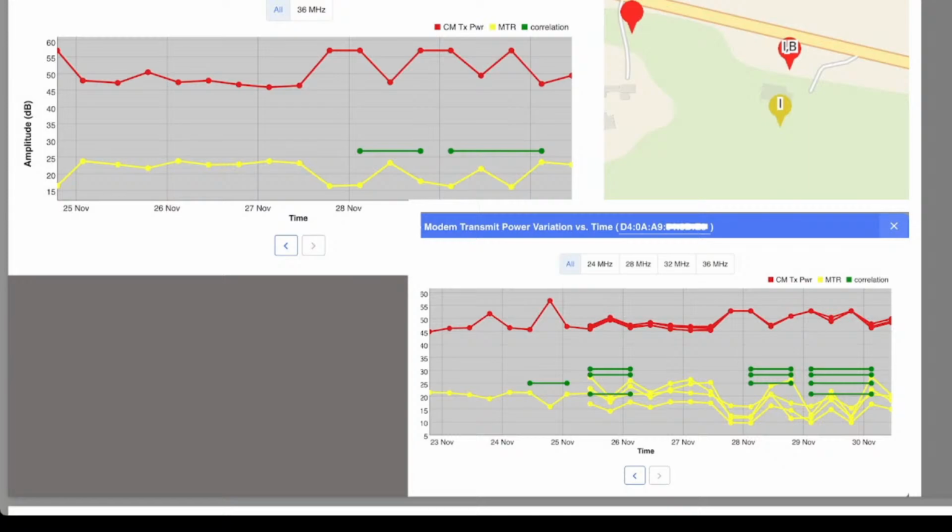And one thing we know is that when you have a lot of variation in transmit power on cable modems, that's normally indicative of compromised shielding. That means you have a loose connector or cracks in your connector or something like that.